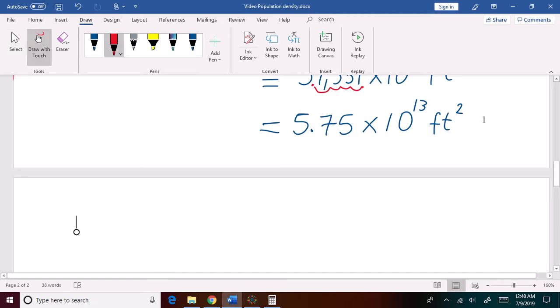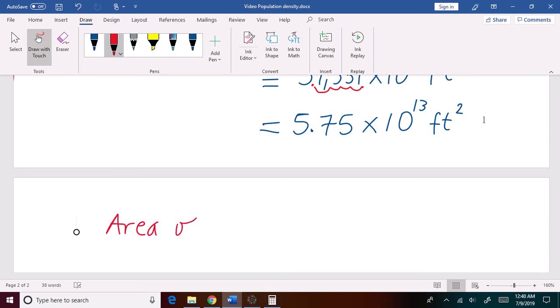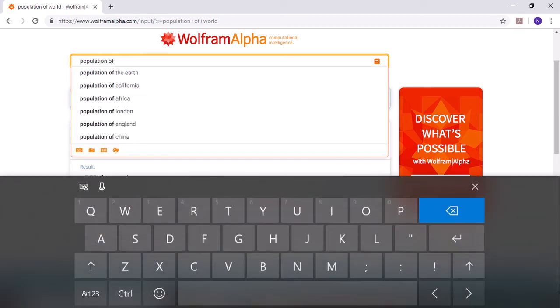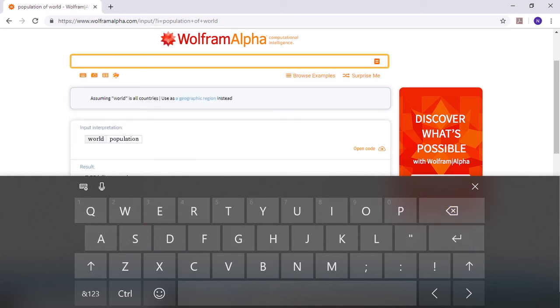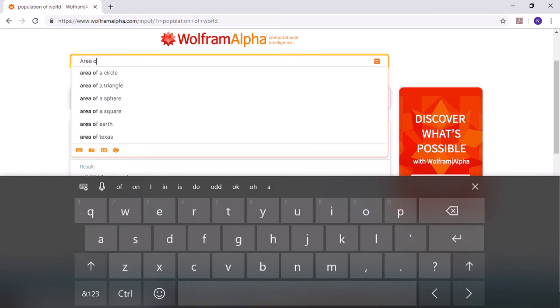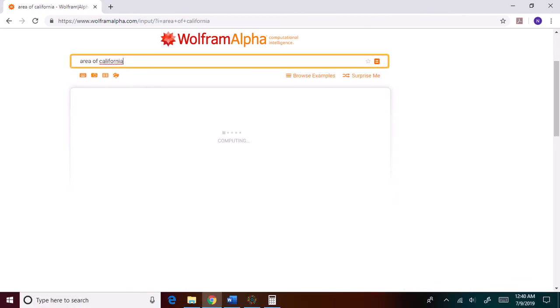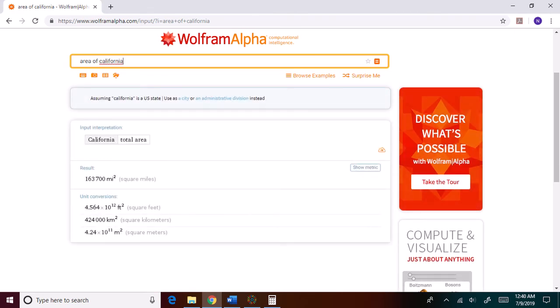Now we need to check California, so we need the area of California. Let's take a look at this one, again from Wolfram Alpha. Area of California. In square feet, that's what we need.